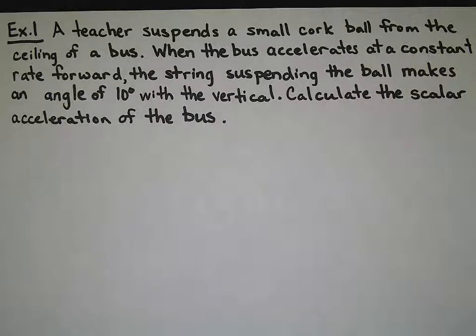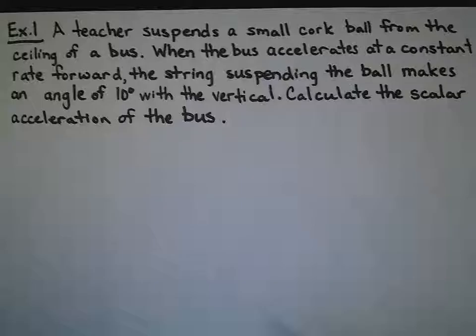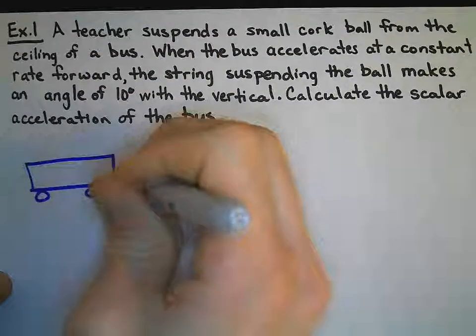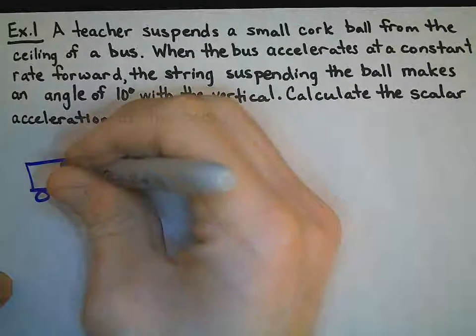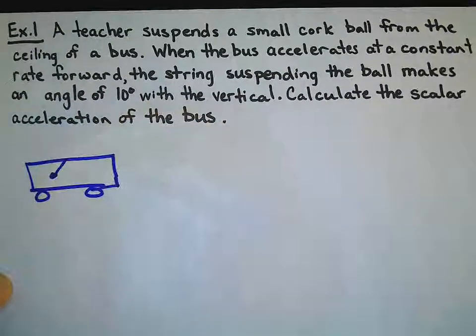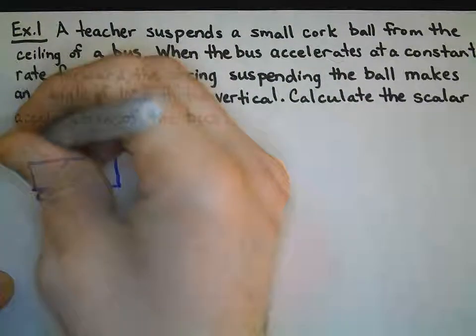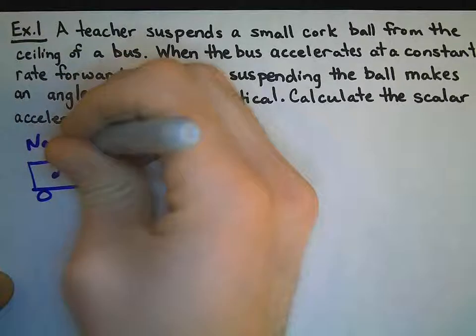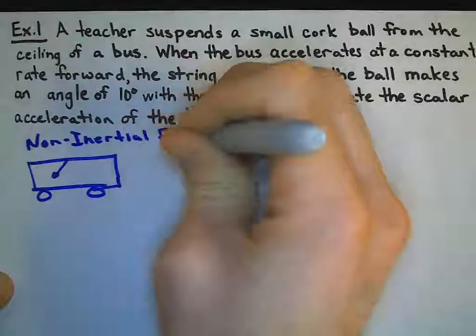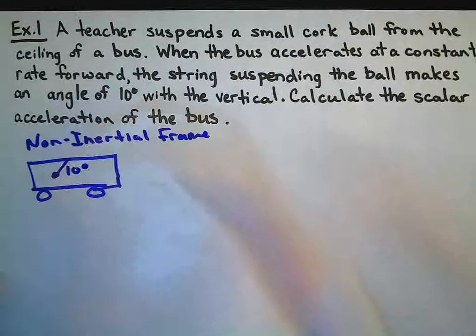So if we picture this bus and we suspend this cork ball and it accelerates, the cork ball is actually going to be towards the back. And remember, this is actually from a non-inertial frame. And we have a 10-degree angle with the vertical.